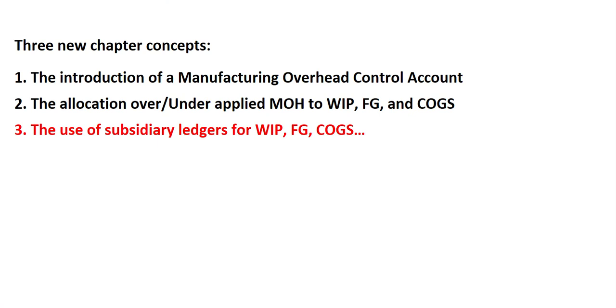Now let's go ahead and take a look at that third new chapter concept, the use of subsidiary ledgers for work in process, finished goods, and cost of goods sold. Typically, when we make a sale to a client or a customer, we do what? We credit sales and debit accounts receivable, although not really. The real debit is to accounts receivable, the Jones Company, or accounts receivable, the Paxton Company, or accounts receivable, Axiom.